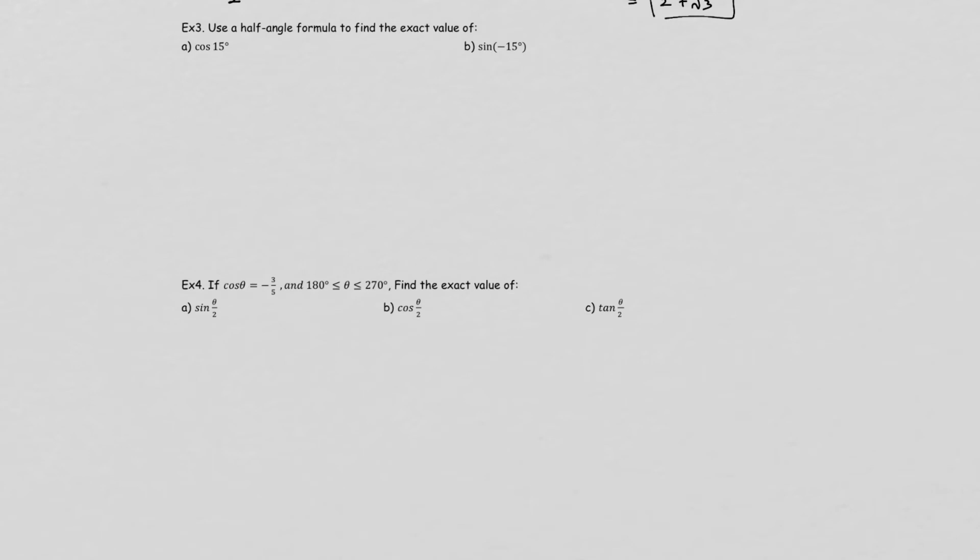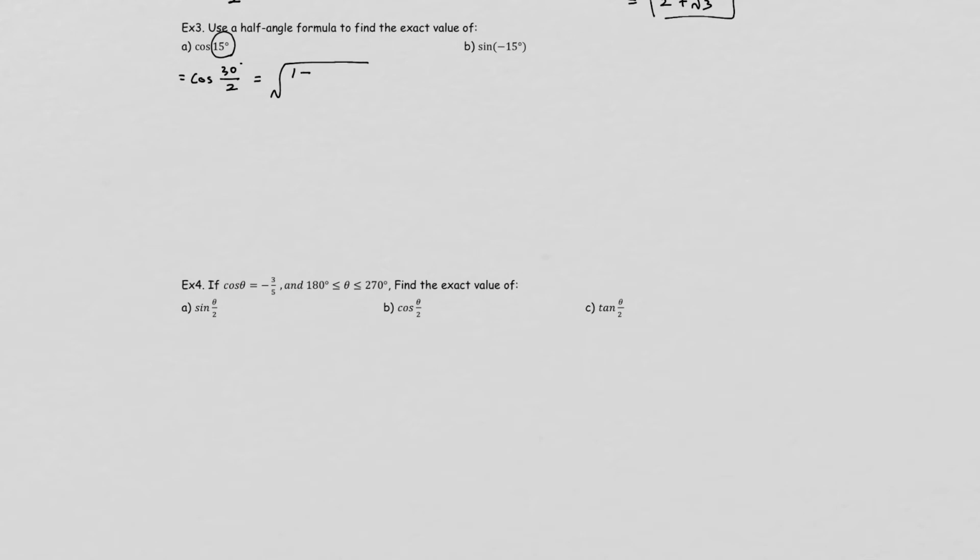Let's try example 3. Use a half angle formula to find exact value again. So same types of problem as the problem we're looking at from the example 2. So this 15, we know cosine 30. So we do 30 divided by 2. This gives you, plug into the formula, which is 1. And cosine 15 is first quadrant.